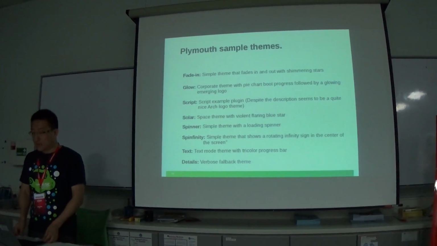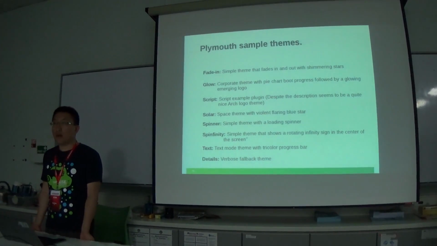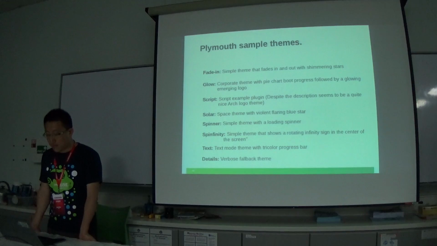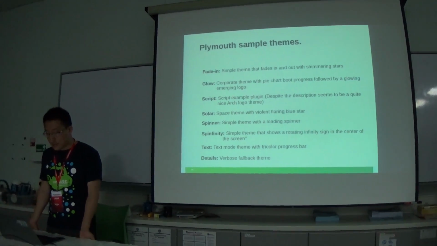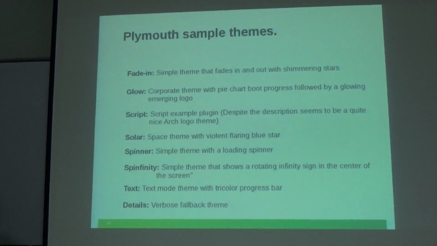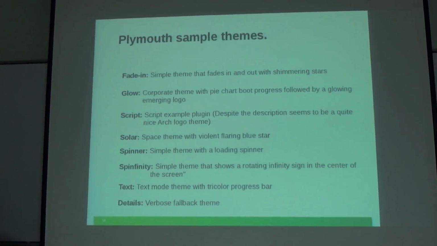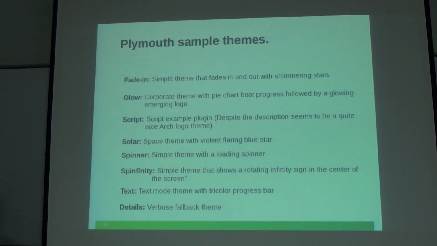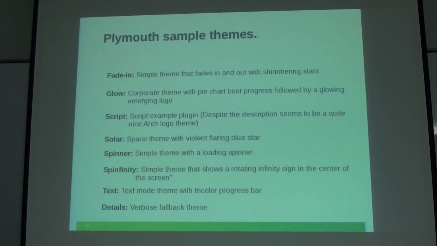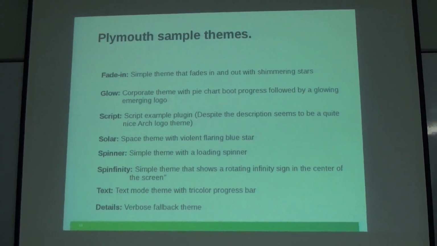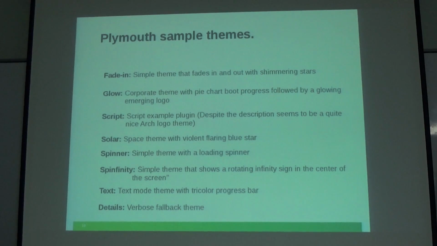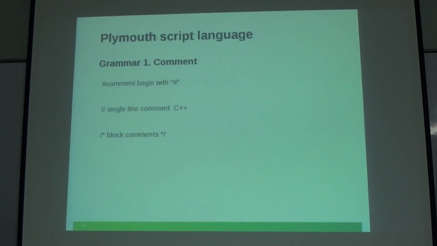There are some sample themes which are installed by default with Plymouth, and these use different plugins to show basic animations during boot. The details and text theme is always the fallback theme if other Plymouth themes cannot display well.